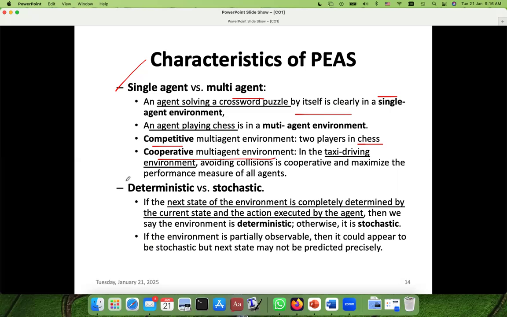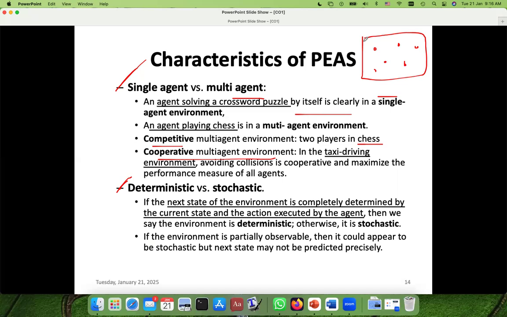Okay, moving next. What is deterministic and stochastic? So that was the second category. Now the third category, deterministic versus stochastic. Consider that this is the map of some country, and these are the different cities in it.